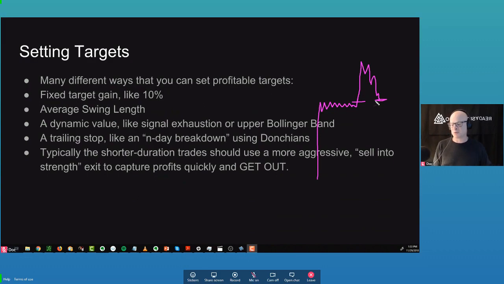The market has a way of finding out what people want, and it will usually find your pain point. So if you're a short-term trader, don't be afraid of selling into strength. Get your fair share and get out. That's all you're trying to do. All of a sudden, you've changed your approach mid-stride in the trade.